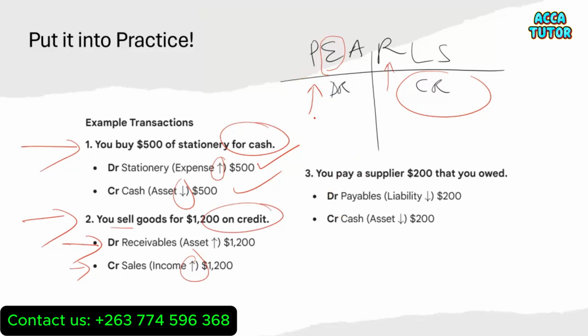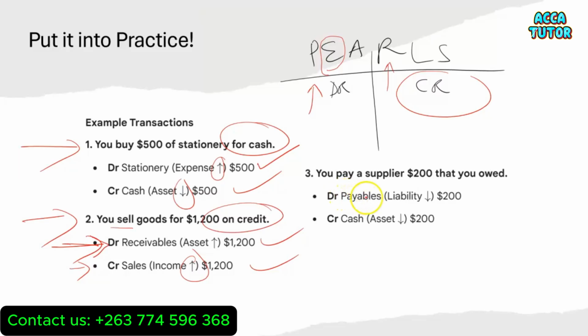Assets are increasing. So we are debiting receivables. Okay? Receivables, how much? 1,200. So the full double entry is debit receivables 1,200 and credit sales 1,200. Lastly, you pay a supplier $200 that you owed.